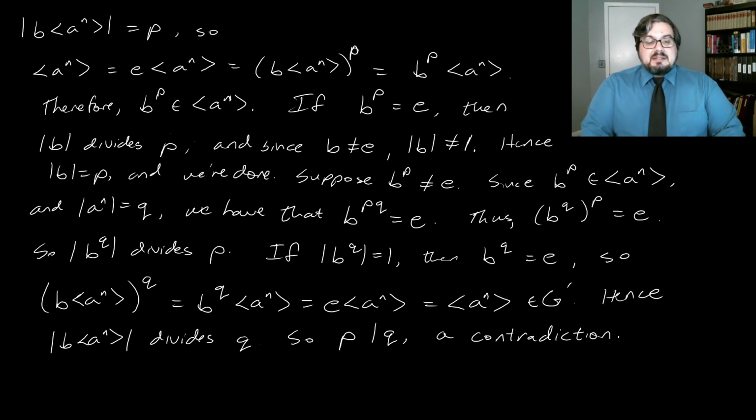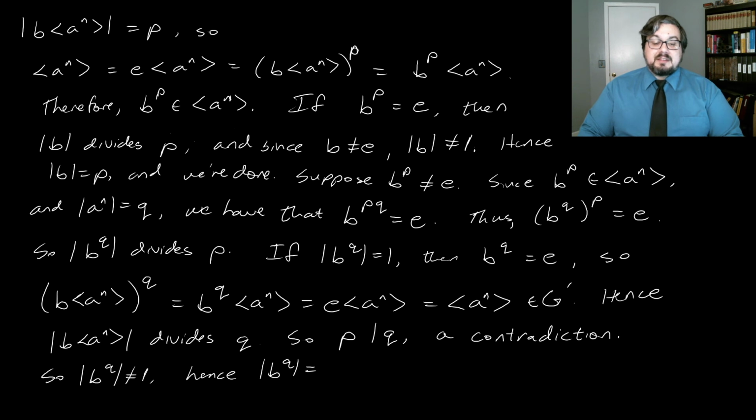So that tells us that the order of b to the Q can't be 1. So the order of b to the Q is not equal to 1, but we have that the order of b to the Q has to divide the prime number P. So that means that the order of b to the Q has to actually equal P, and so b to the Q satisfies the theorem.